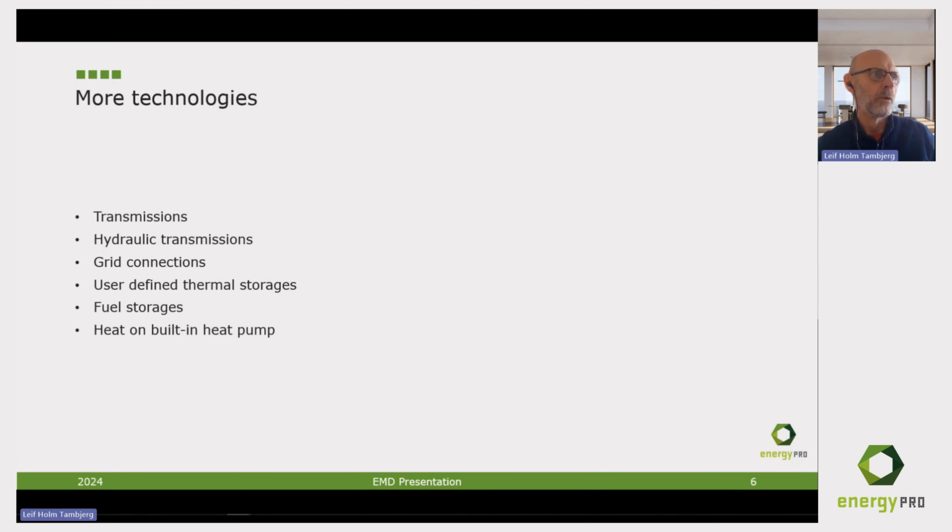You can optimize your grid connection. You can optimize user-defined thermal storage. In the previous version, it was only the thermal storage defined by temperature differences and fuel storage volume. Also, fuel storage is included.